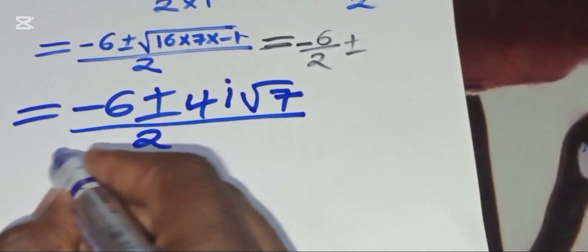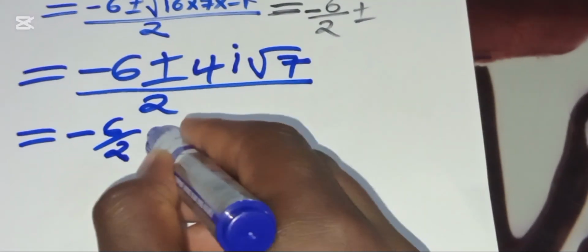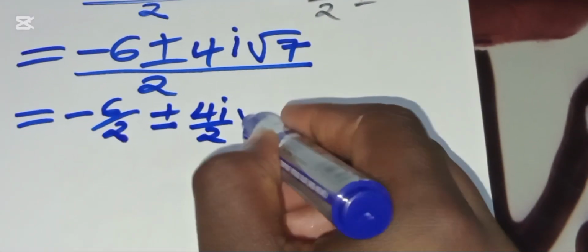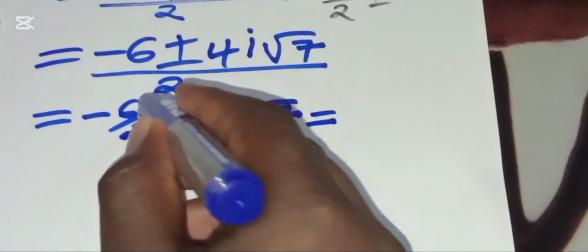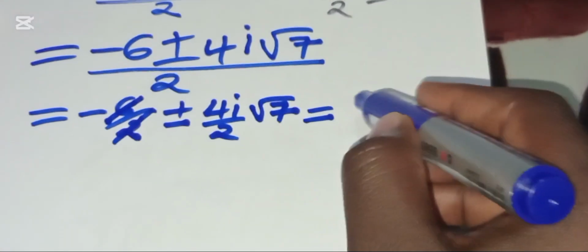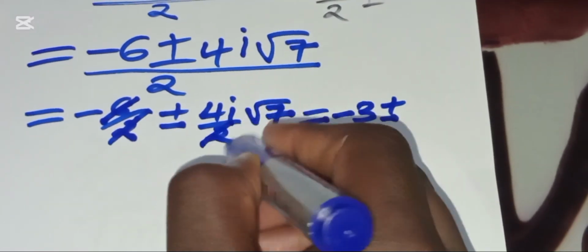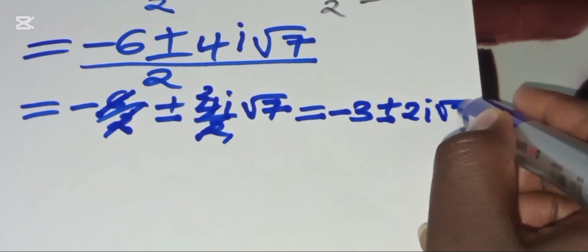Now from this, we'll have negative 6 divided by 2, plus or minus 4i divided by 2, square root of 7, which is the same thing as, if you simplify by 2, negative 3 plus or minus 2i square root of 7.